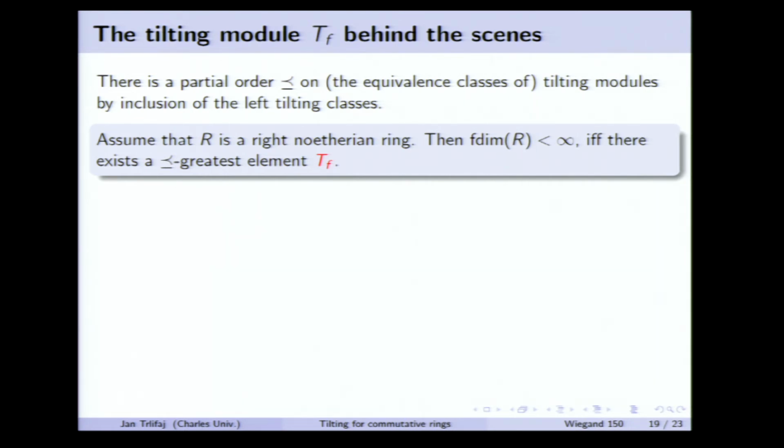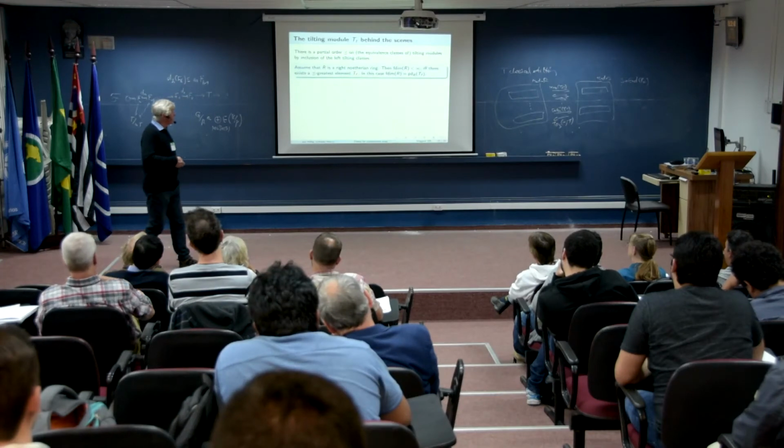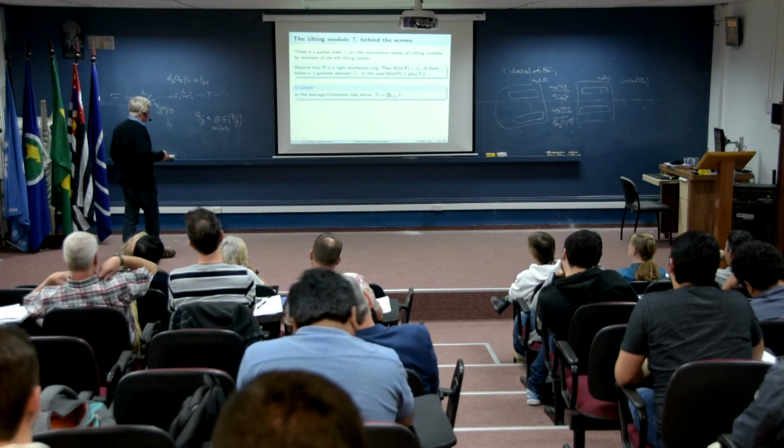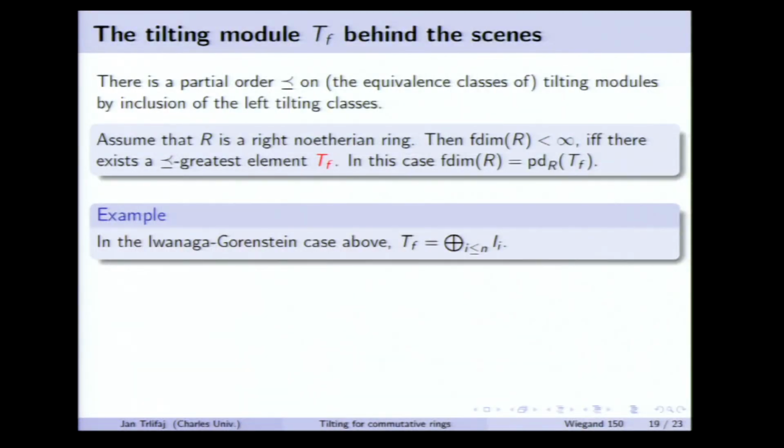And this greatest element is then denoted by TF for the finitistic dimension conjecture. And the point is that the finitistic dimension is just the projective dimension of that particular tilting module. So in our case, this TF was just this injective that we guessed in the middle of the proof, and then it worked.